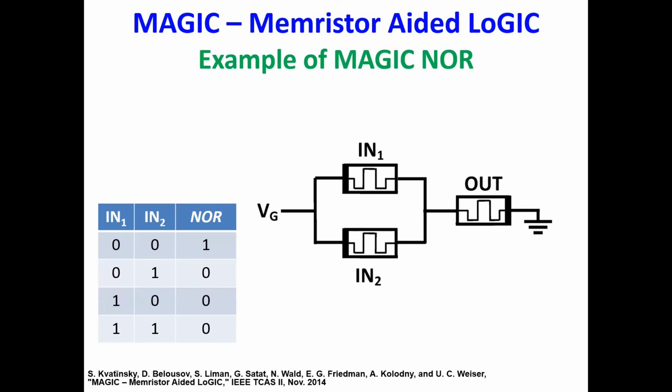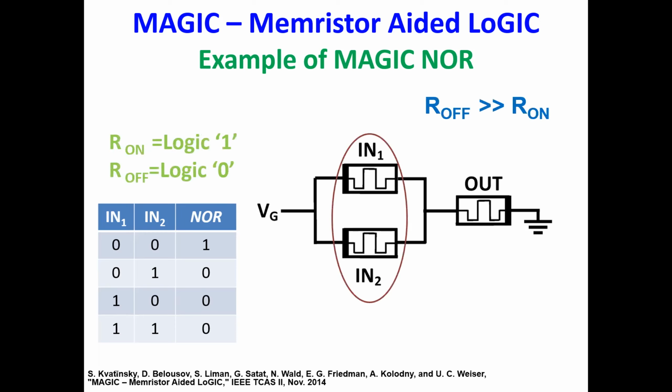MAGIC NOR consists of 3 memristors. 2 memristors serve as the input. So the initial resistance, the resistance prior to the computation, the data that is stored inside them, that's the input of the gate. High resistance means that it's 0. Low resistance means it's 1. We are working in a binary domain. We just assume that we have 2 extremes for the resistance, and of course we have more values, but we digitize it in order to have zeros and ones.